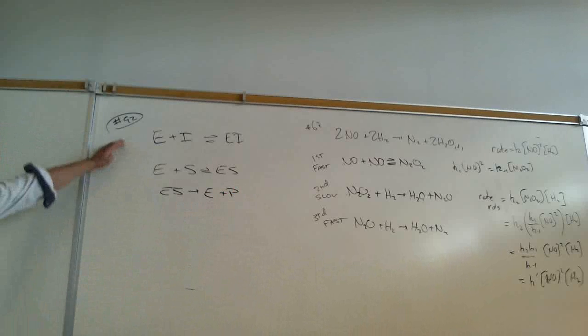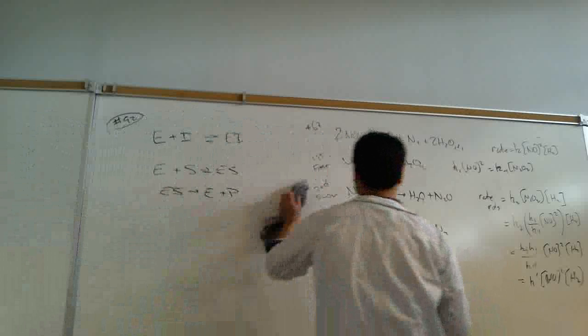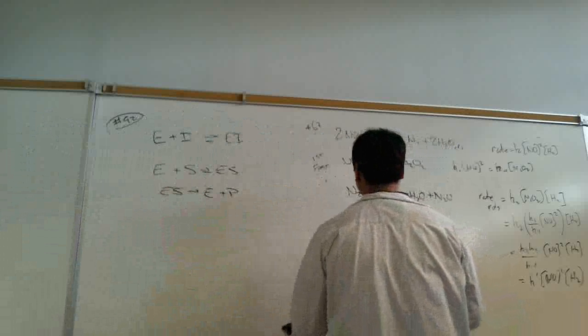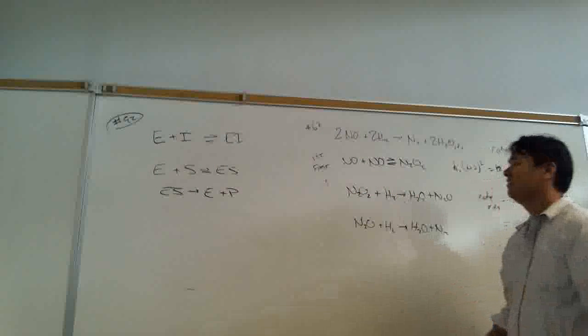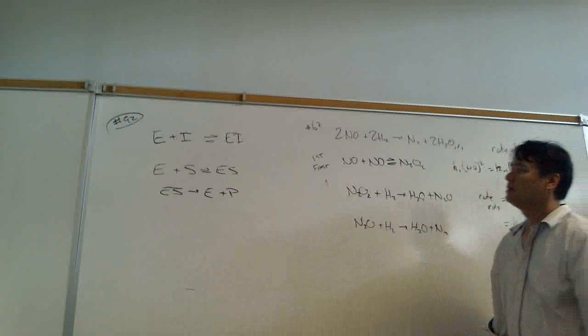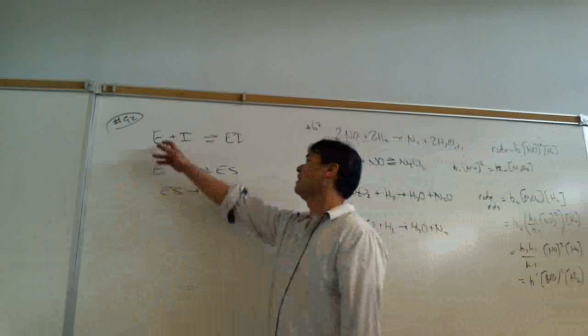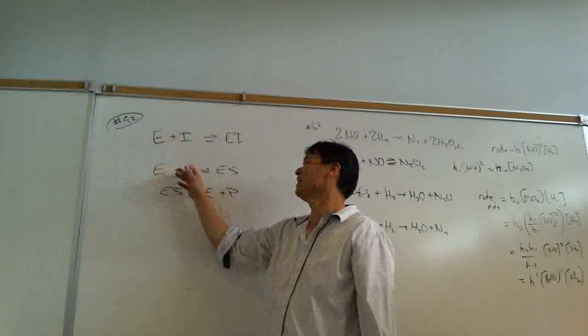And so we just add this step to this. Basically what this does is it means that there's going to be competition for the enzyme, here, between inhibitor and substrate.